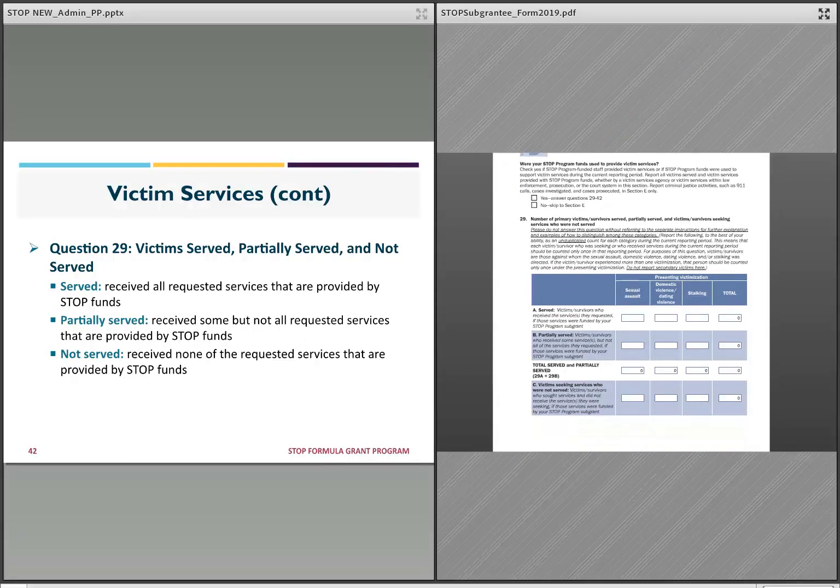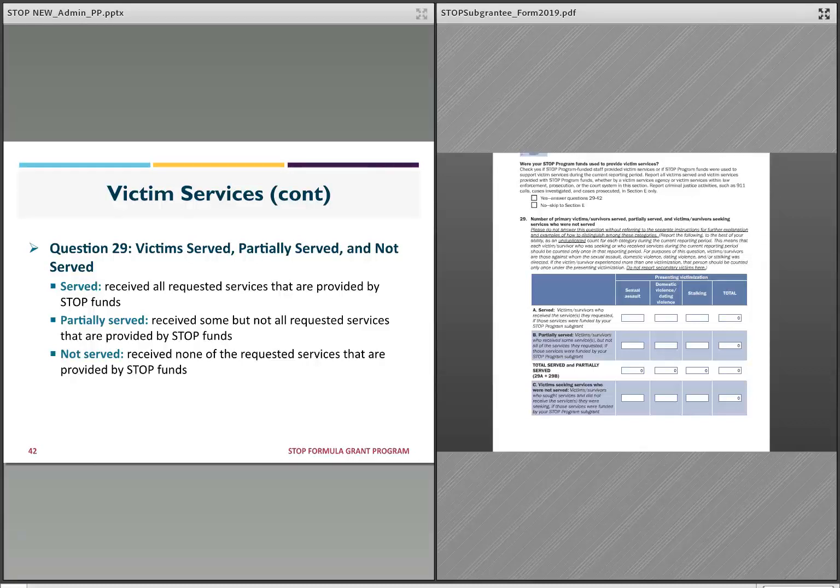In the first question in this section, 29, the definition of victim served is that the person requesting services received all services that they requested that are provided by STOP funds. A person is counted as partially served if they received some but not all of the services they requested that are supported by STOP funds.